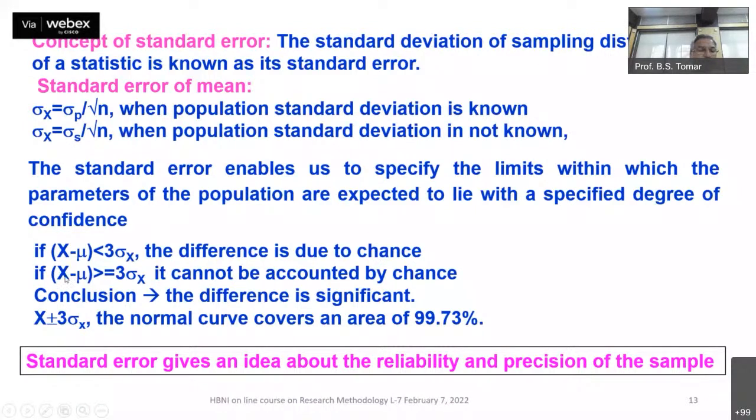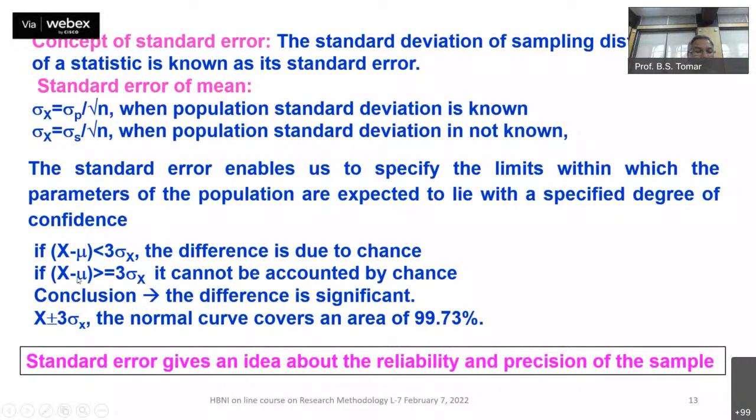And if x minus mu is more than or equal to 3 sigma, you cannot account for this difference by chance alone. That means it could be significantly different. So that is how we draw conclusions about the outcome of a measurement from a sample, whether this mean value is a part of the population or not, depending upon the difference between the sample mean and the true mean.